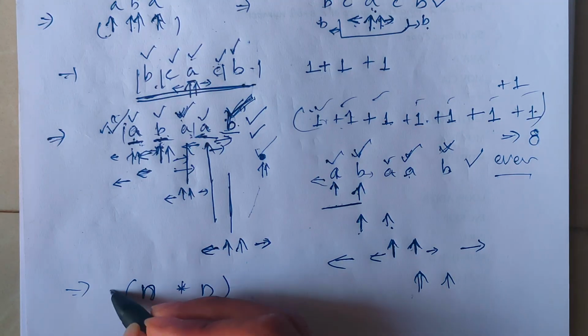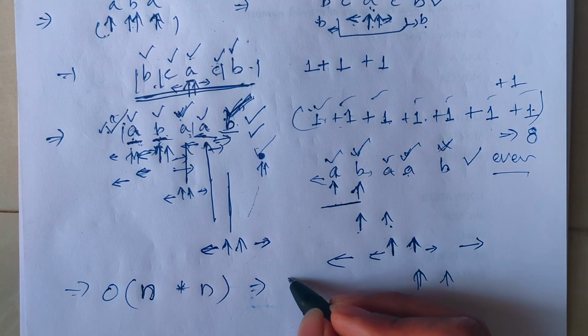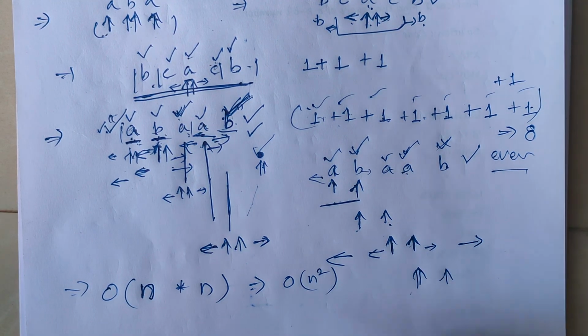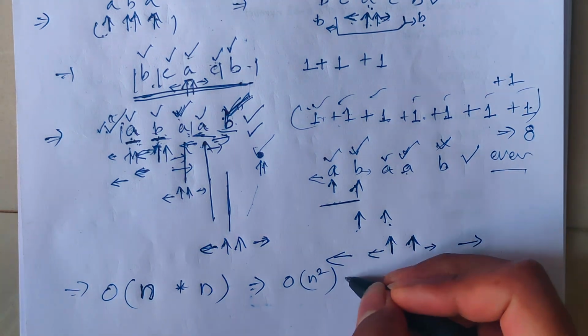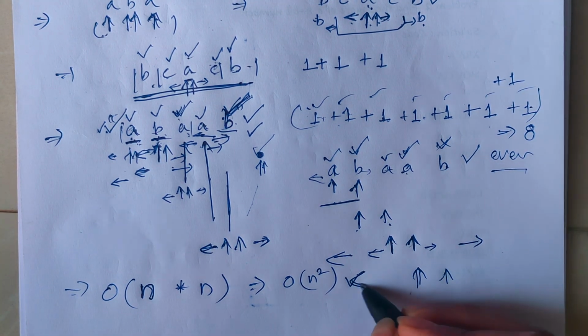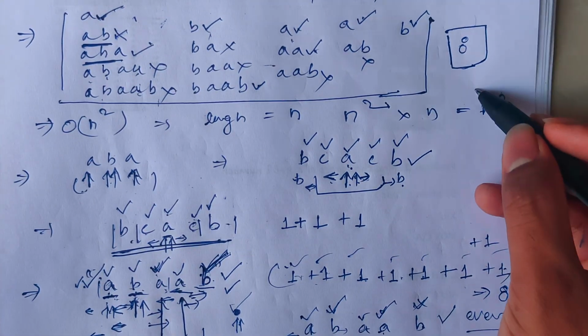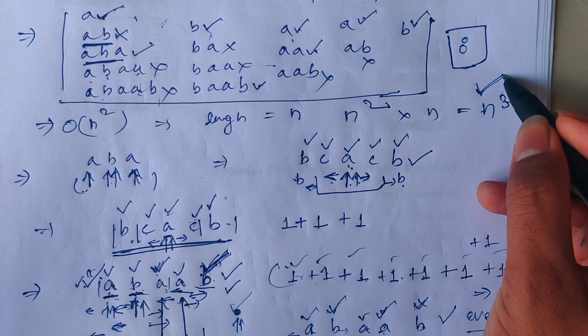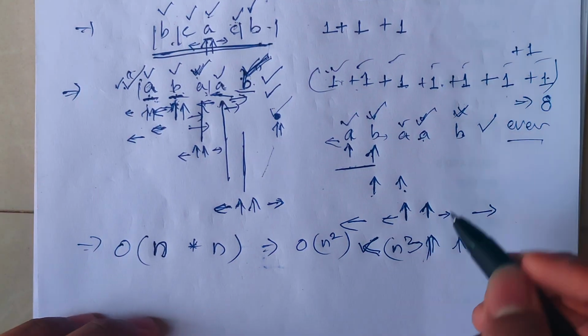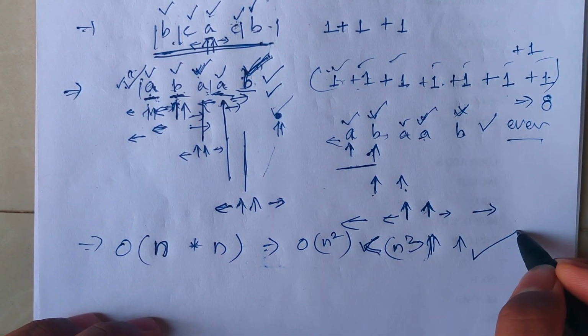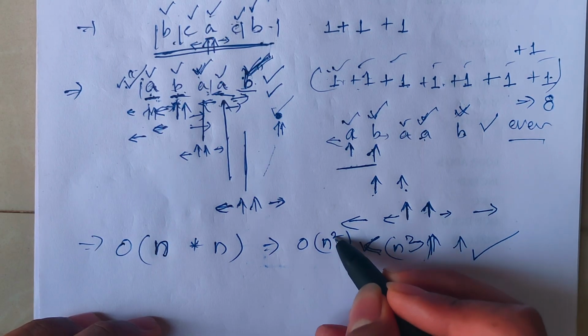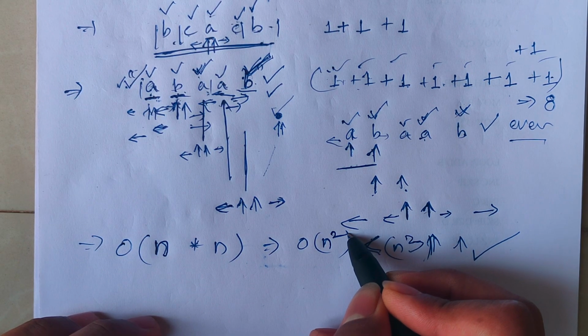So the total time complexity of this algorithm would be order of n squared, which is less than n cubed, which we got here. This was the brute force approach, and here is our optimized approach, where we get time complexity of n squared, right?